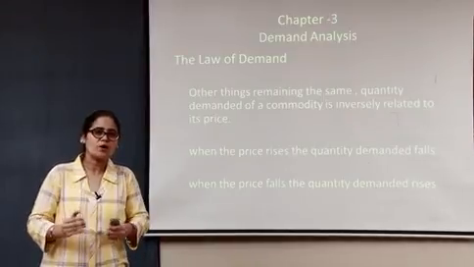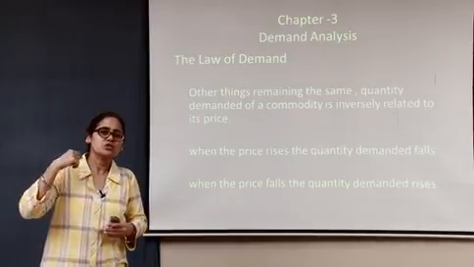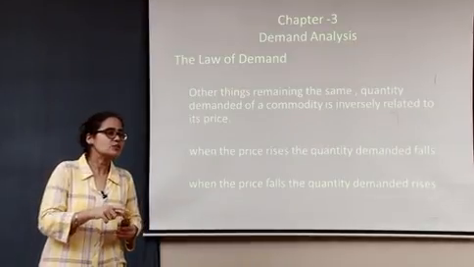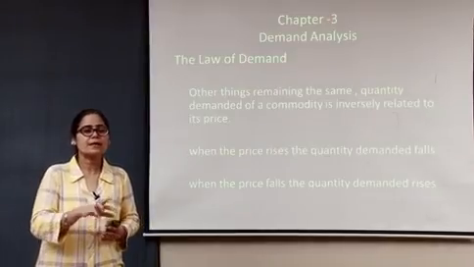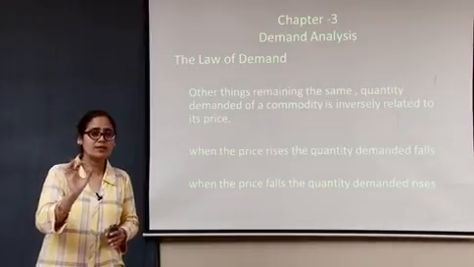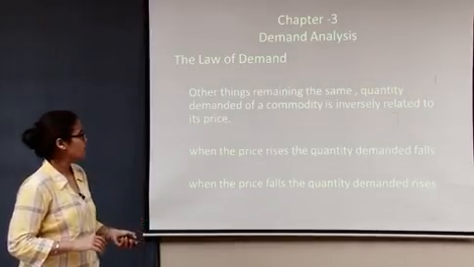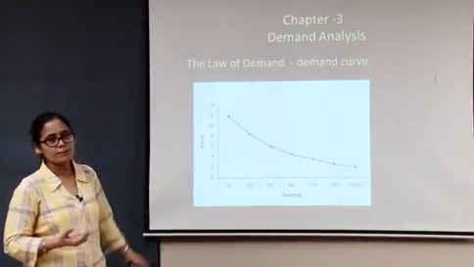And what does this law of demand explain to us? That whenever prices change, the demand changes in the opposite direction, such that price and demand are inversely related. Remember the word inversely related. To make it easier to remember, we have this diagram.